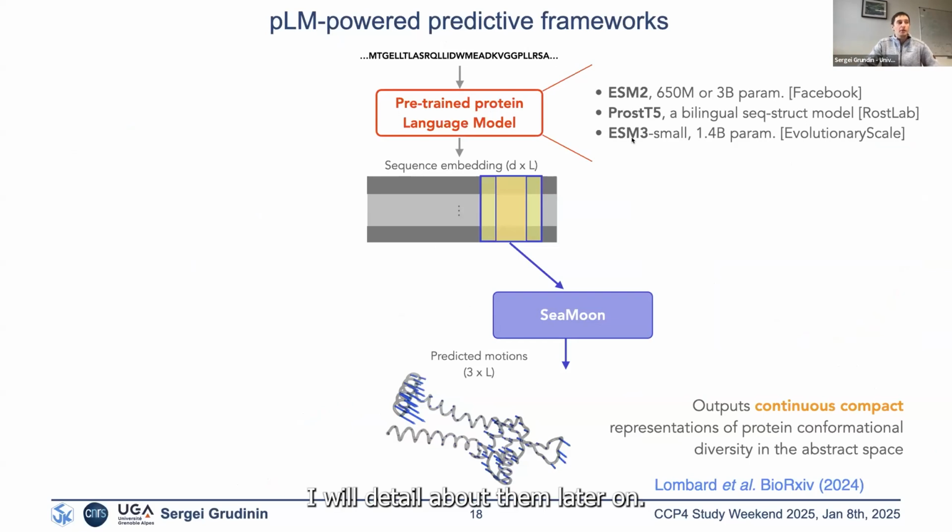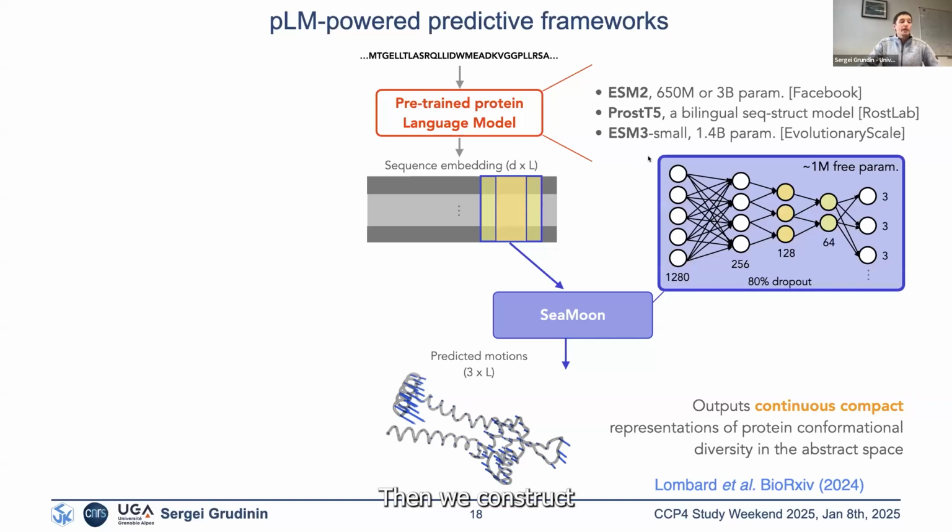I will detail them later on. Then we construct a neural network using the pre-trained embeddings. Again, we have tested multiple architectures and we have chosen the one based on convolutions with about 1 million trainable parameters. And we predict the linear protein motions.